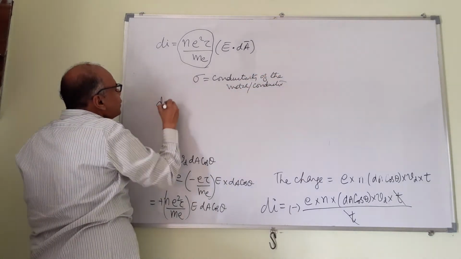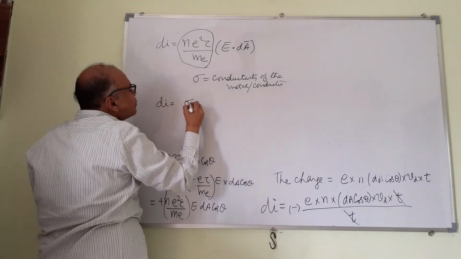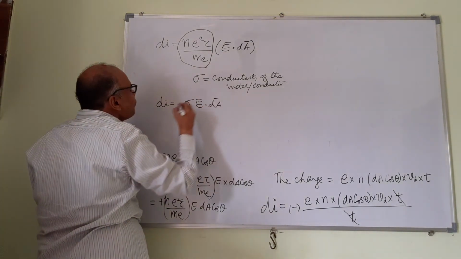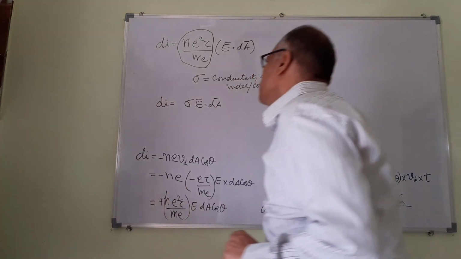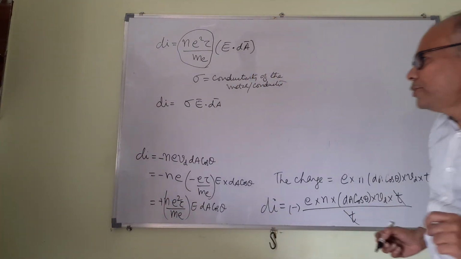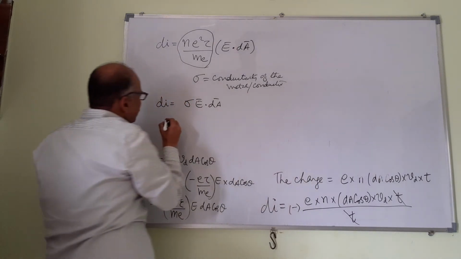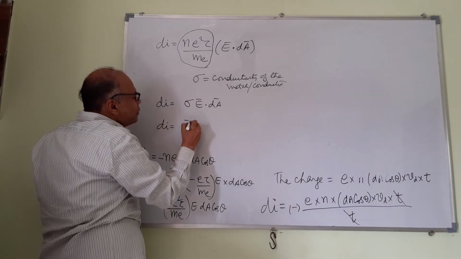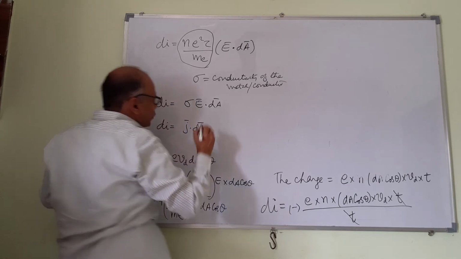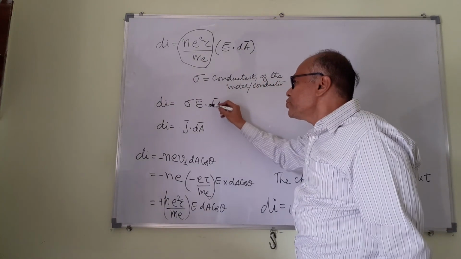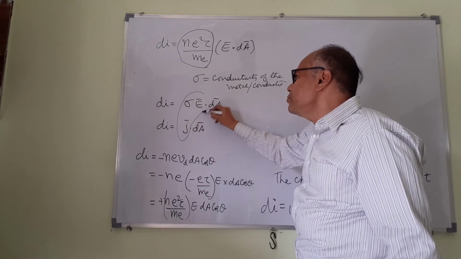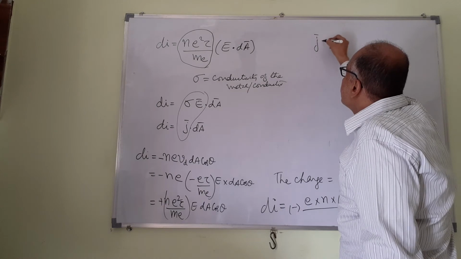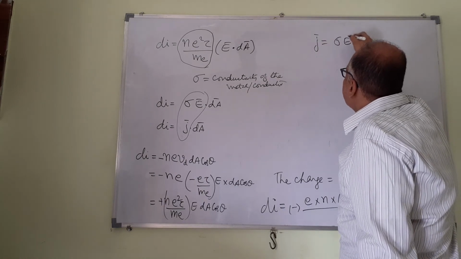So we will write dI as sigma E dot dA. Now we already know that dI is J dot dA. So if you compare these two, J must be equal to sigma E. So the current density J is equal to sigma into E.